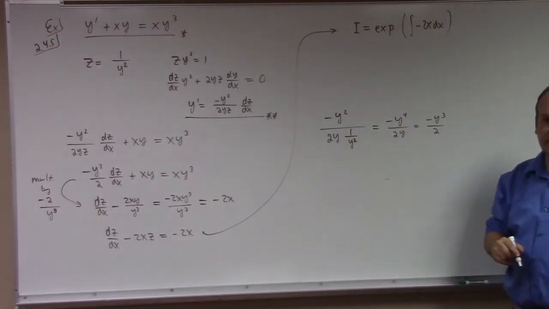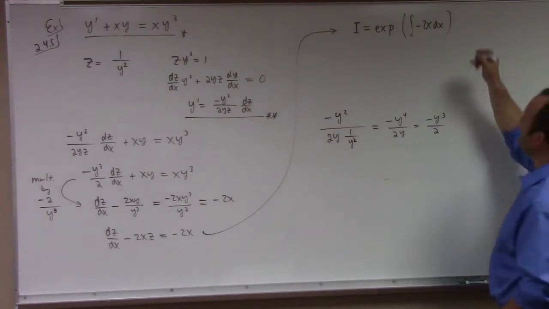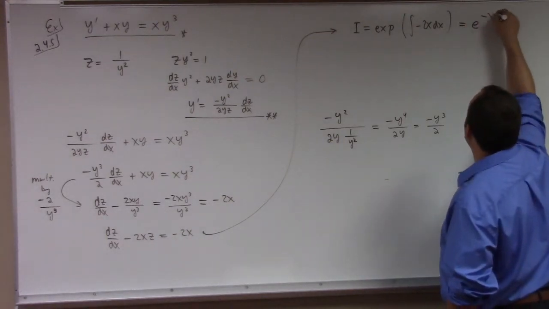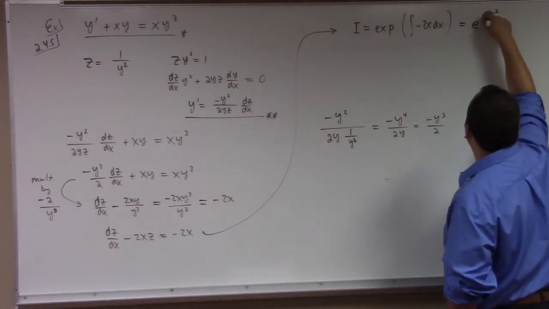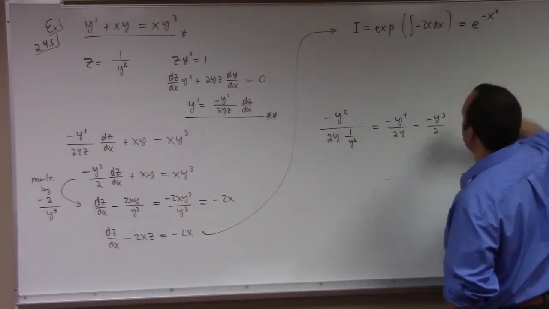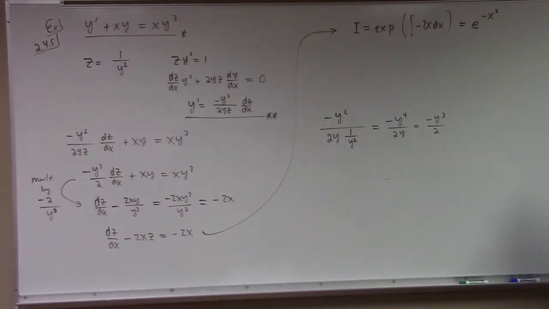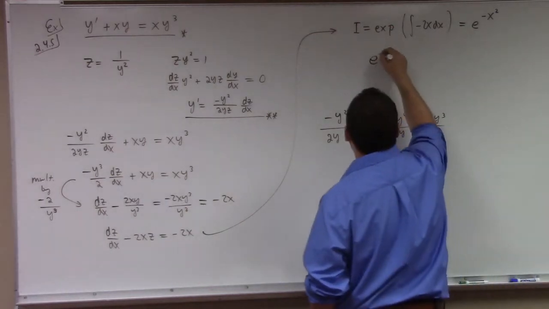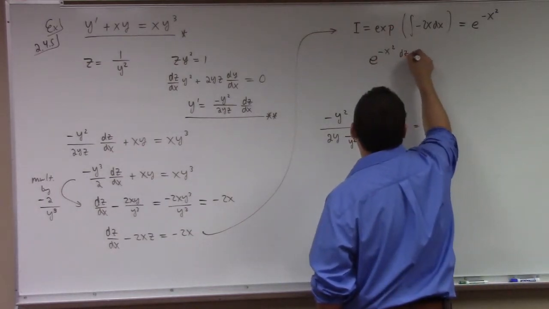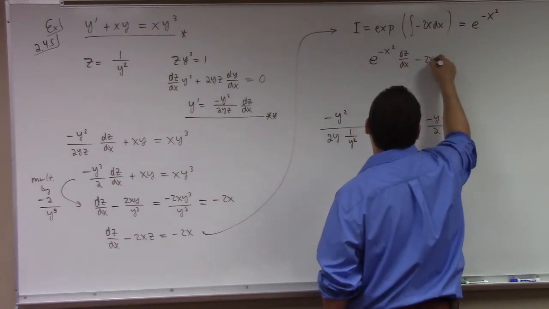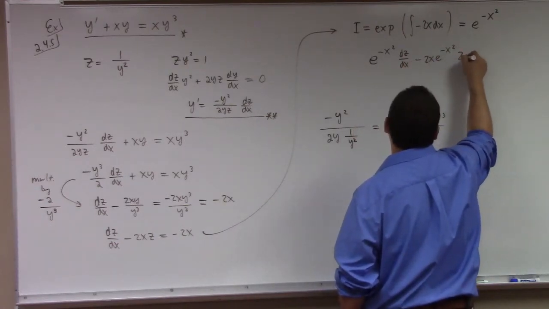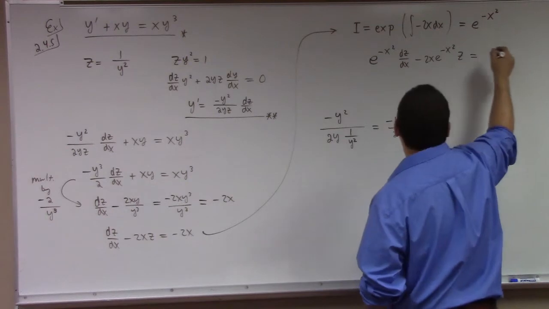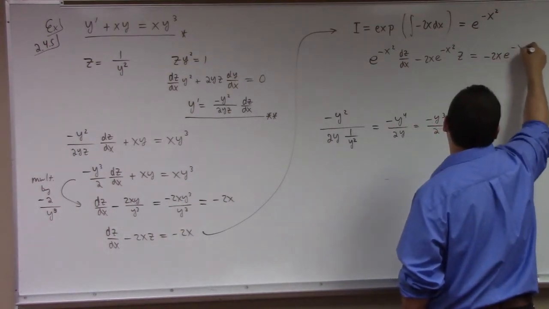The p here is minus 2x, so the integrating factor is actually e to the minus x squared. Yeah? So if we multiply the differential equation at the bottom of the board by e to the minus x squared, what do we have? We've got e to the minus x squared dz dx minus 2x e to the minus x squared z equals minus 2x e to the minus x squared.